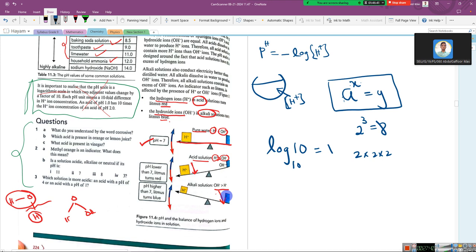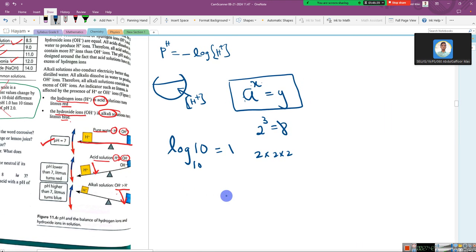Now we are going to convert this equation to log format. This means log base a of y is equal to x. Can you try to write this down in log format?